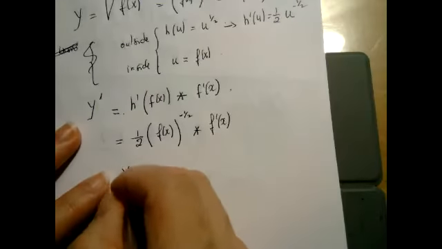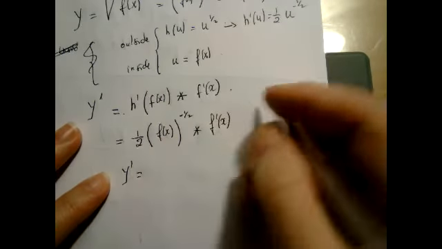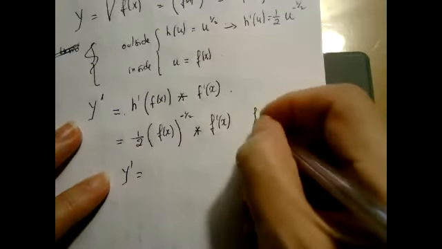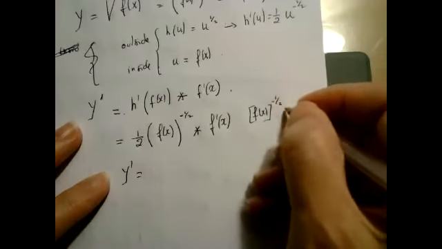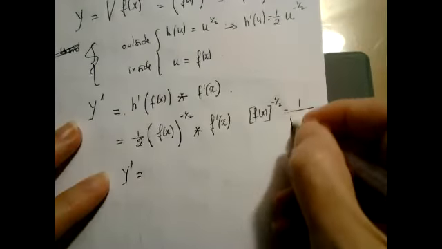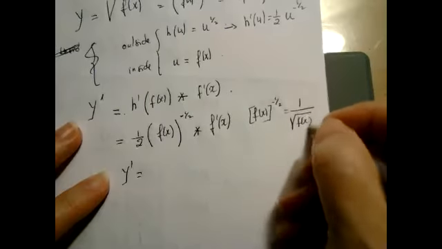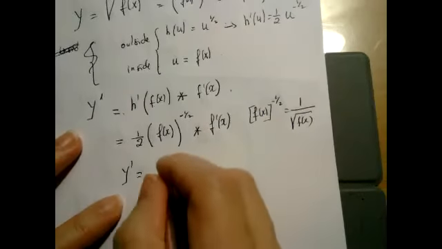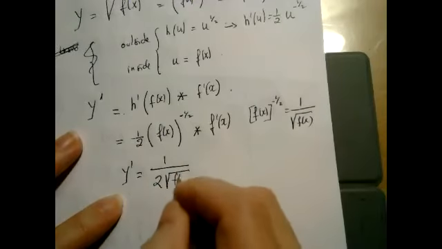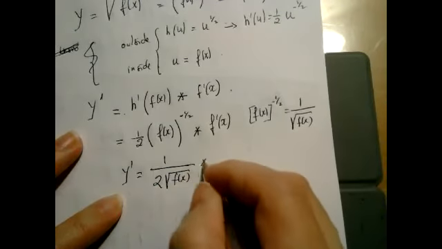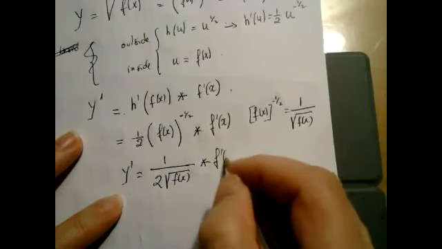So finally, I can rewrite this as f of x to the minus a half, which is basically 1 over the square root of f of x. So this will give me 1 over 2 times the square root of f, times f prime.